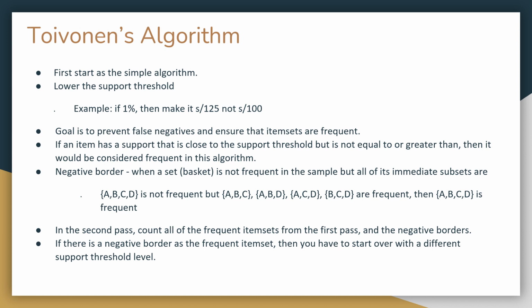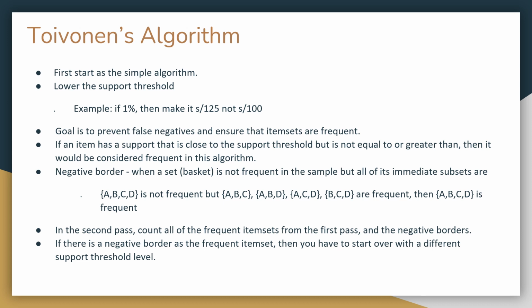So next comes the negative border. So what is the negative border? It is a set or basket that is not frequent in the sample, but all of its neighbors, I mean all of its immediate subsets, are frequent. For example, we take a set of four items A, B, C, D. It is in the negative border if it satisfies two conditions.